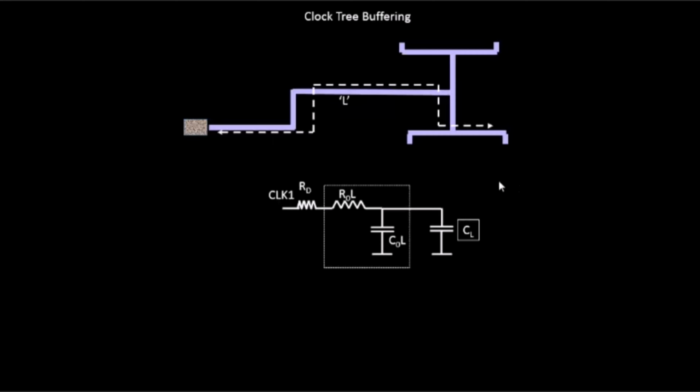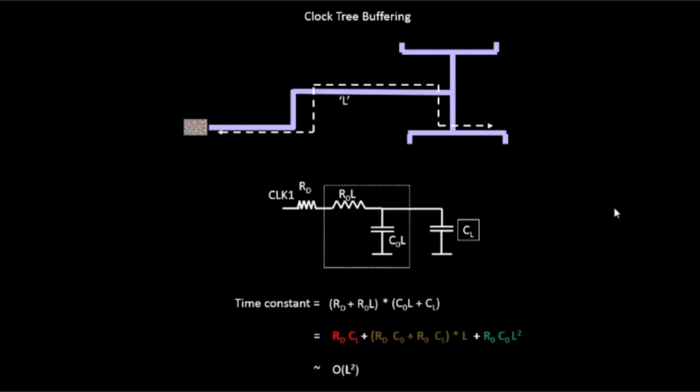This is very important to conclude what we did in the upper slide. We modified this network into a small RC network, and concluded that the time constant is proportional to L square.